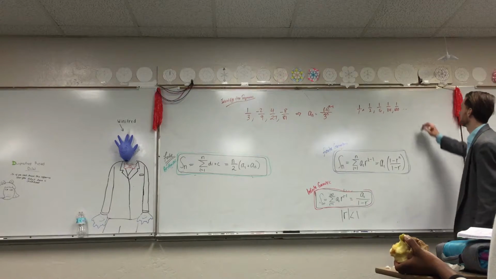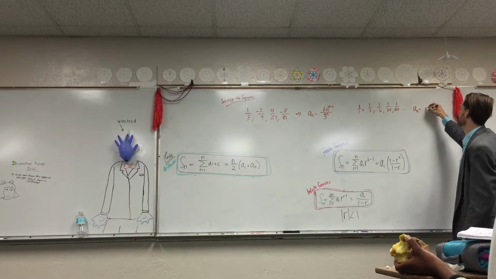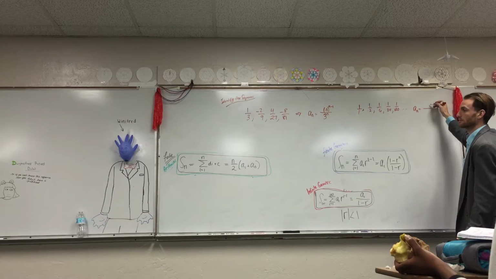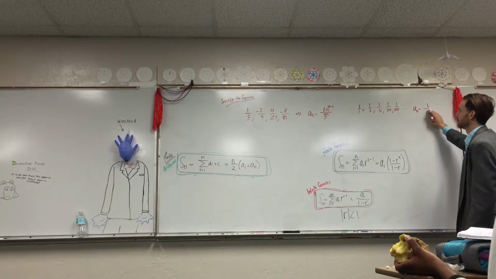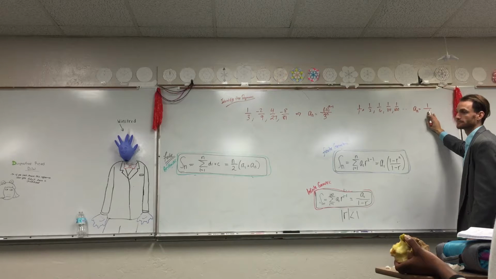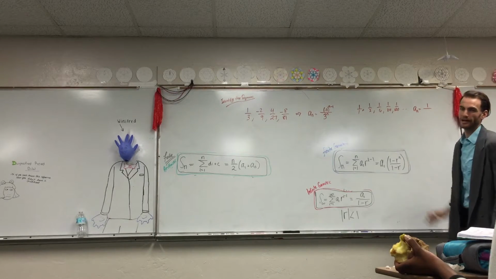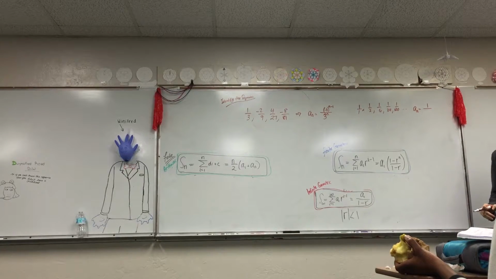Clearly on the top, I have 1. And then on the bottom, what do I have? Am I multiplying by a certain number? Am I adding a certain number? I'm multiplying by 3 now.